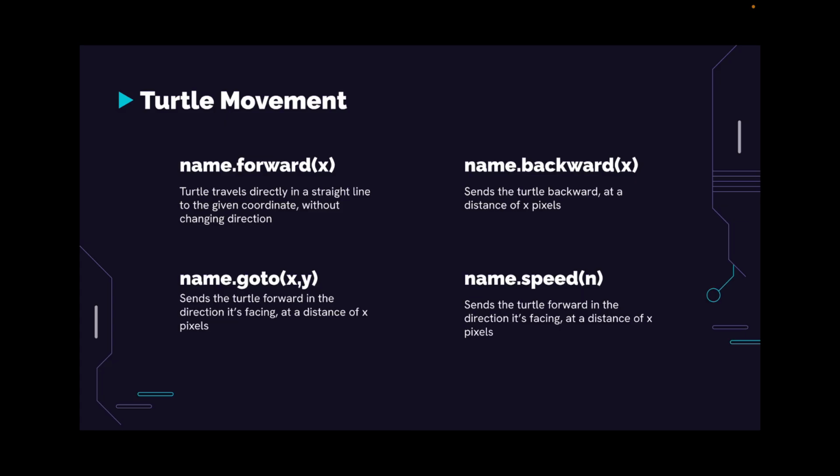Name.goto x, y sends the turtle to that coordinate, and it will leave a line as it's going to that coordinate. And finally, name.speed changes the speed of the turtle.